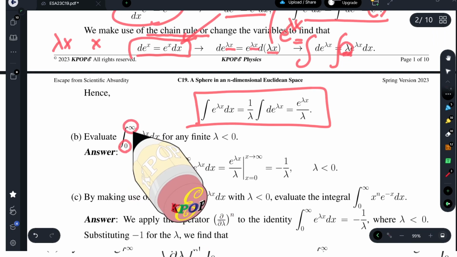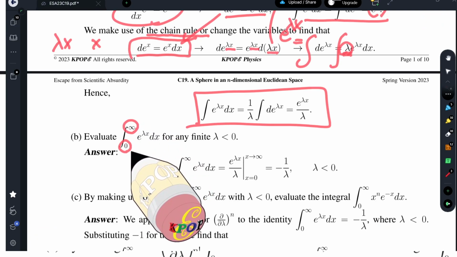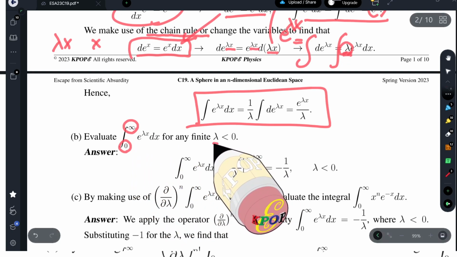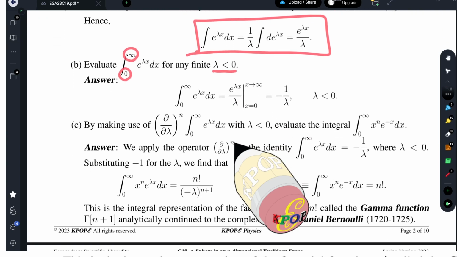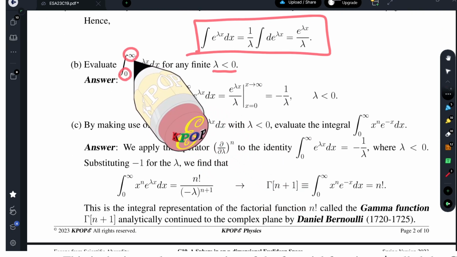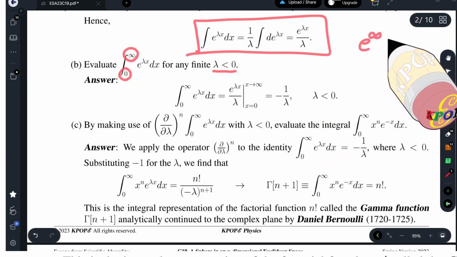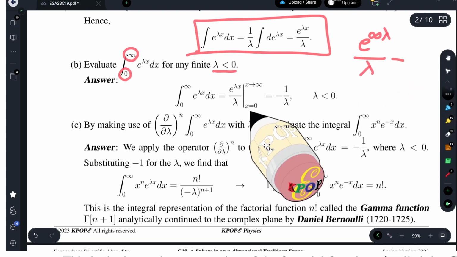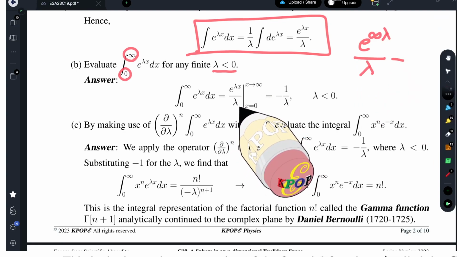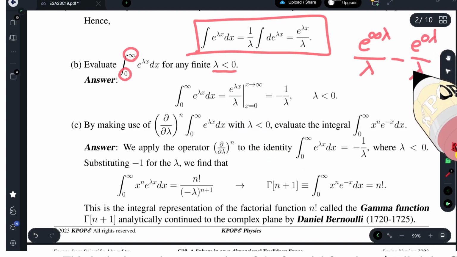If we are interested in the definite integral from 0 to infinity, this integral exists only if lambda is negative. Let's see, if I substitute x equals infinity, we have e to the infinity lambda over lambda, subtracted by the one evaluated at x equals 0, e to the 0 lambda over lambda.